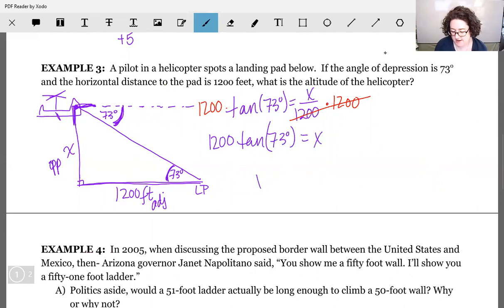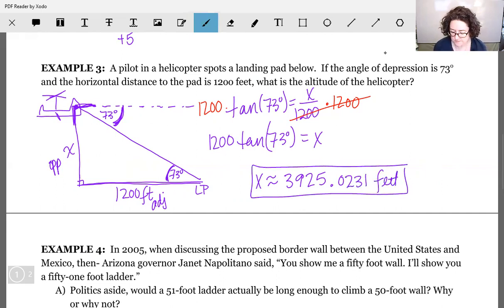And so that means our X, our height that we're looking for, let's see, 1,200 tan 73, 3925. Again, it doesn't ask us to round to any specific place, so I'm going to use 4 decimal places, 0, 2, 3, 1 feet. And if you think about that, that's appropriate for the problem.